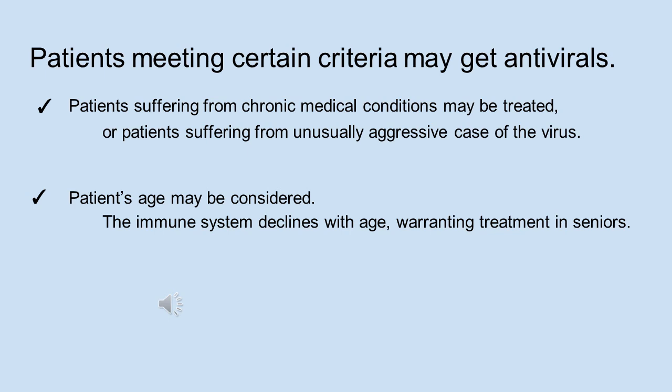The antiviral may be prescribed only if the patient's medical condition requires a more aggressive treatment. The patient's age may be considered since the body's natural immune system tends to be more vigorous in younger individuals, but declines with age.